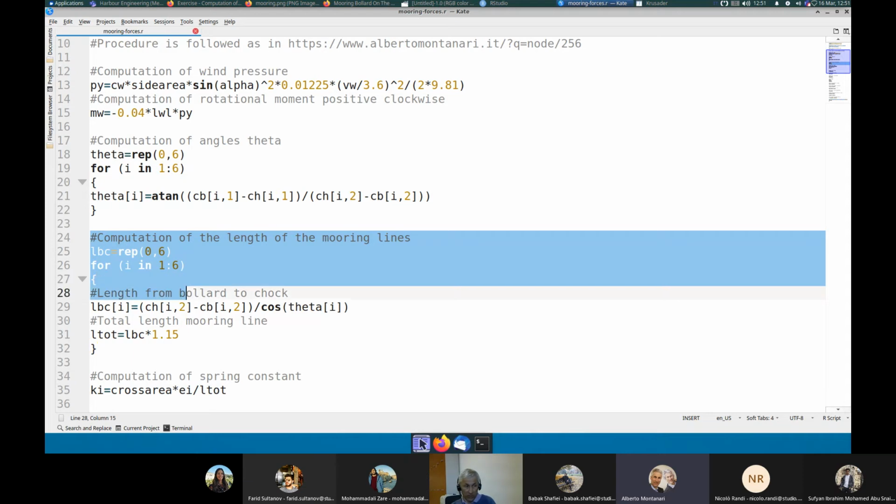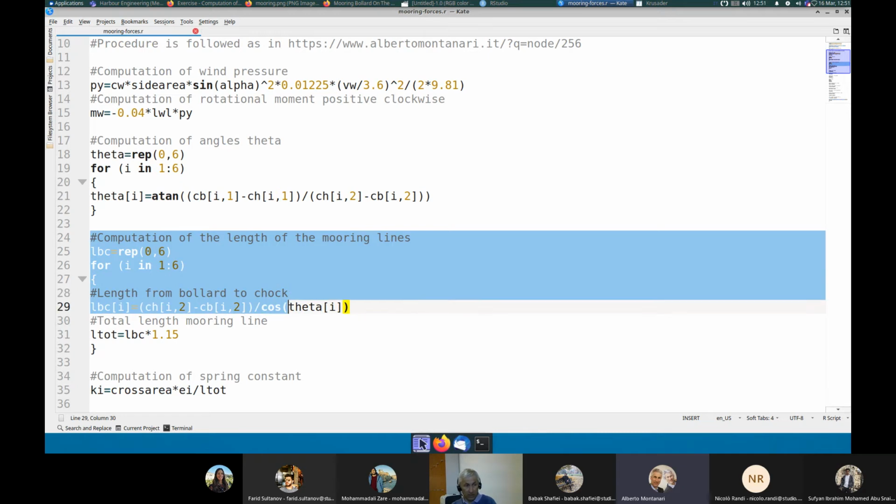And these instructions are, first, computation of length from bollard to chock. This is the computation. It's just a trigonometric computation, okay? Given the coordinates, you compute the lengths.